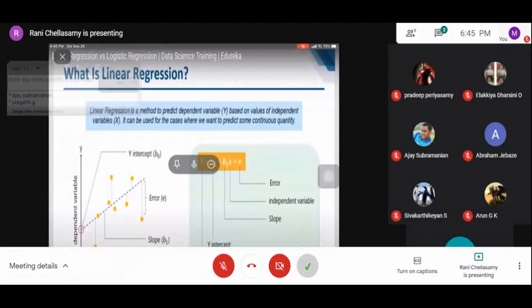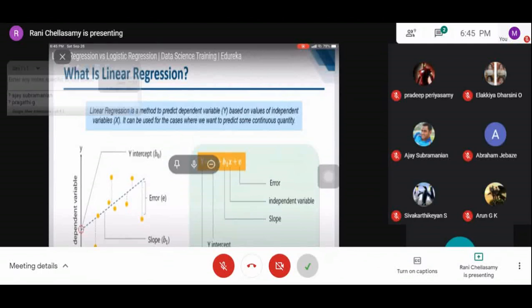Fine. So this is the equation used to represent a linear regression model. Okay. So this equation is used to draw out a relation between the independent variable x and the dependent variable y.